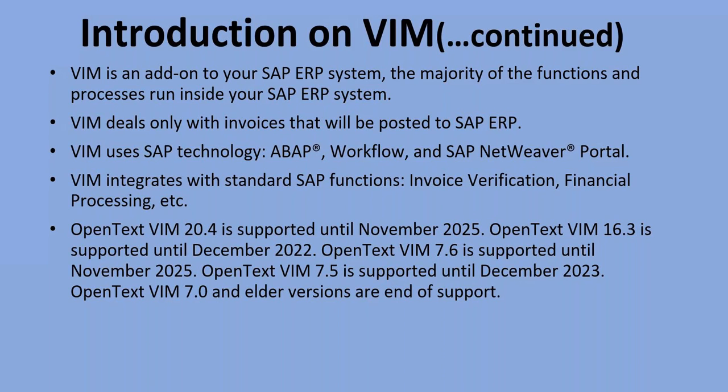Yes, it's parked in Vim, not posted in FI. With the parking reasons enabled, it should go to the second level, the super user, to approve it. Then when the super user tries to open the invoice, it only shows the 31 posting key vendor item, not the GL items, the expense items with 40 posting key. That's not visible.